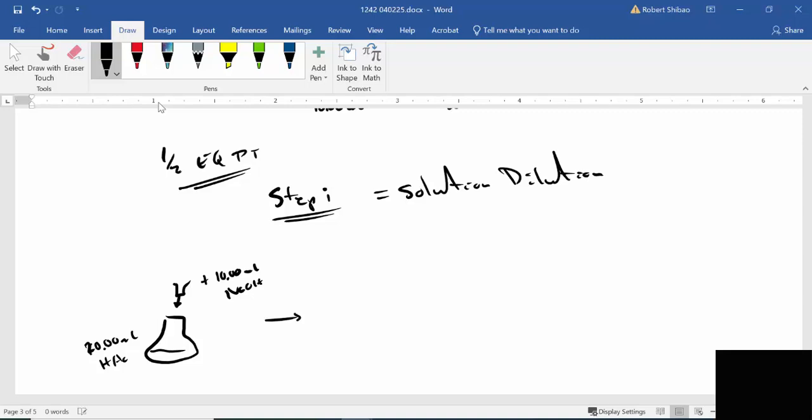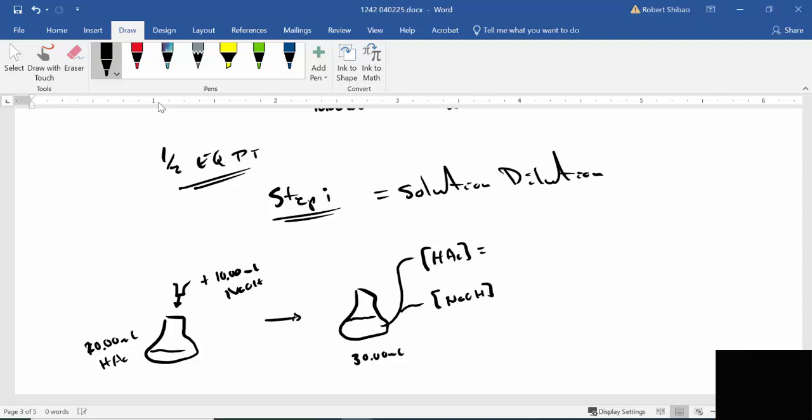And so that's going to give us a total volume of what? Now we're going to get a total volume of 30.00 milliliters. And so what we need to do is calculate the new concentration of acetic acid and the new concentration of sodium hydroxide.